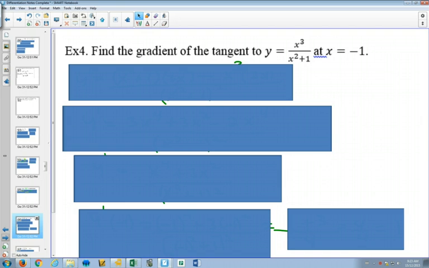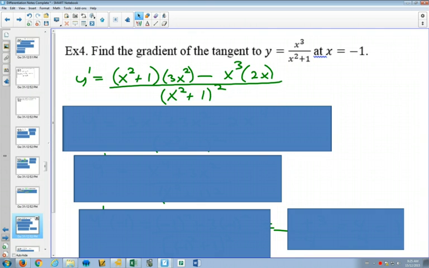So this next question, you want to find the slope of the tangent at a certain point. We're not trying to find the whole equation of the tangent, just the slope of the tangent at that point. So if we're trying to find the gradient of a tangent at a certain point, first of all, remember that our derivative is the equation of every single tangent line.